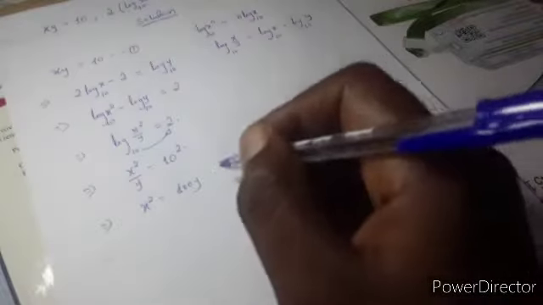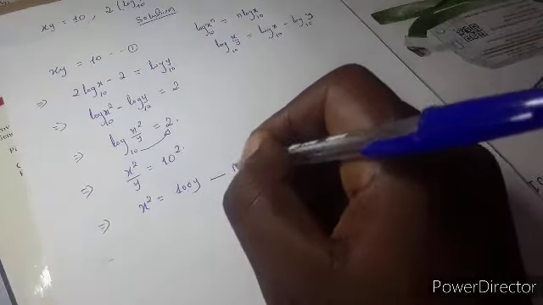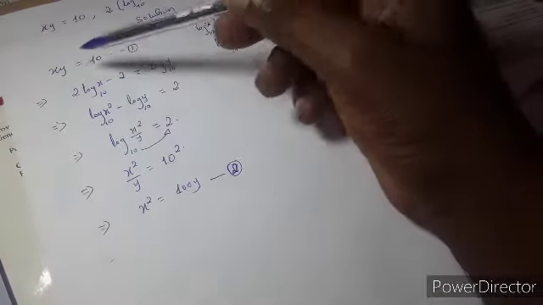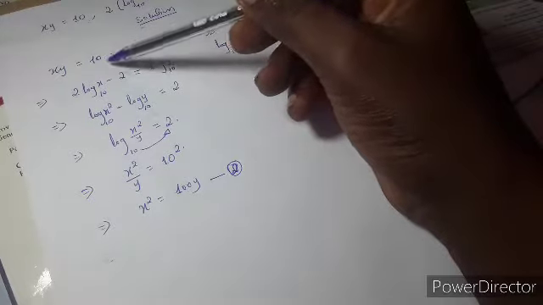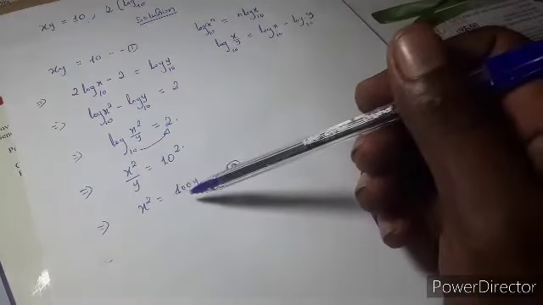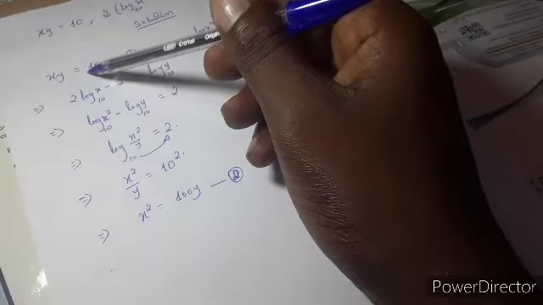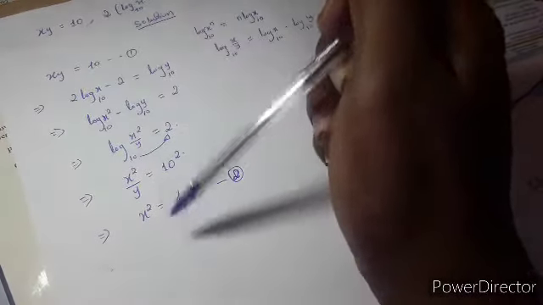Looking at equation 1 and 2, this is equation 2. Looking at equation 1, we have xy equals 10. We also have x squared equals 100y. So here I can make x the subject and substitute it here, and I'll obtain the other value, or make y the subject, any of them of my choice.